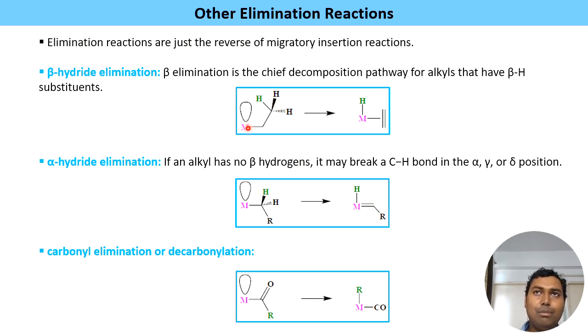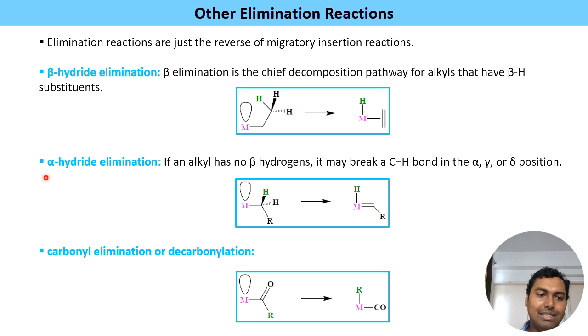If the metal has a vacant orbital, it can take this hydrogen as hydride, forming one double bond here, and then this metal can bind this alkene product through the pi bond. So this reaction is called the beta hydride elimination. That means the beta hydrogen is eliminated to give this hydride, and the metal is bound to the pi bond of this alkene.